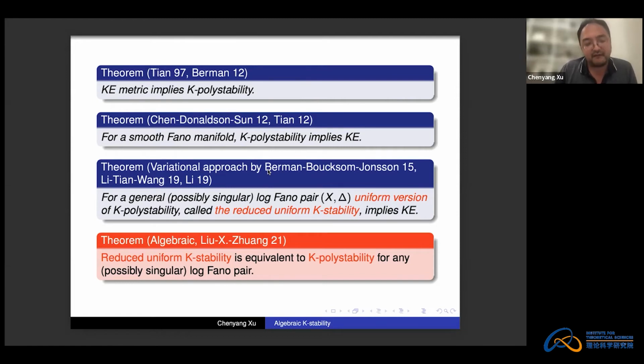But nevertheless, if you want to do the YTD conjecture, the remaining part is completely algebraic, so that this uniform version of K-polystability, which I call reduced uniform K-stability, is equivalent to K-polystability. And this was proved by Yuchen Liu, Ziquan Zhuang, and myself last year. But the last part, again, it's in red color, so it's a completely algebraic statement.